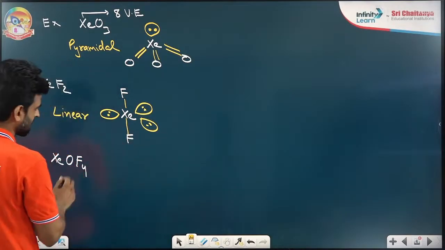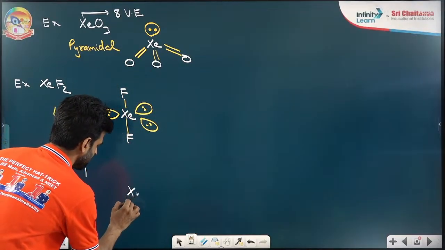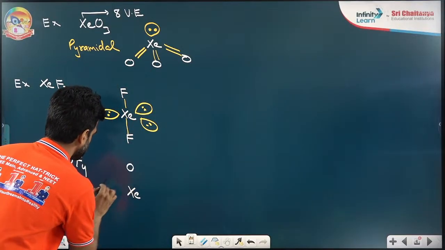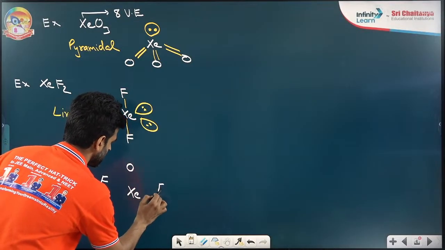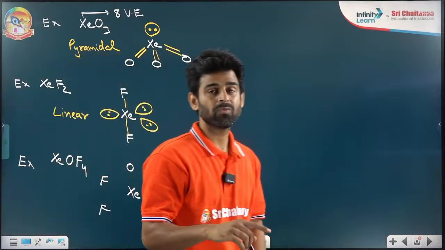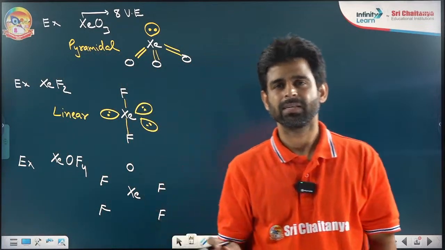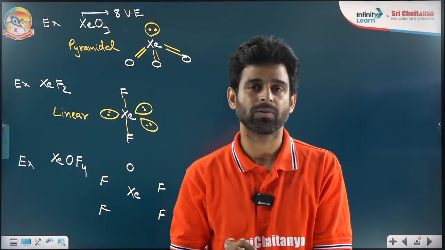Now, if we talk about XeOF4, bache, we are having here Xe, and O here, and F here, F here, F here, F, right? Now, think about it. Tell me in XeOF4, what is the shape? Okay. Just tell me the sigma bonds, pi bonds, how many? And is there any lone pair there or not?